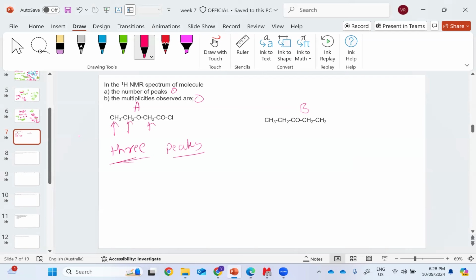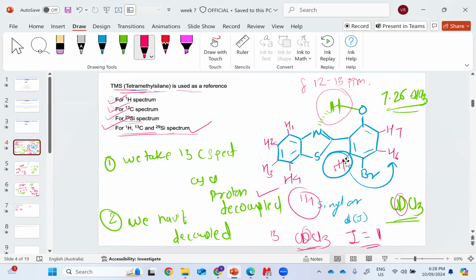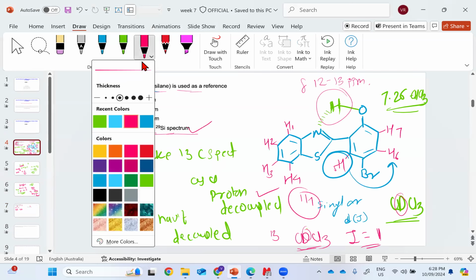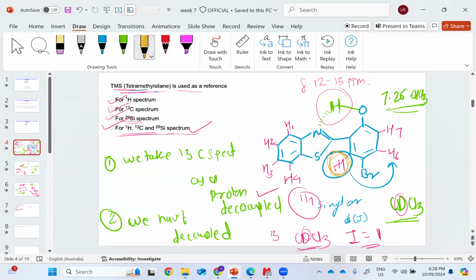And the multiplicity pattern for these peaks. Here, don't get confused between the peaks and the multiplicity. For example, as I have shown earlier for this molecule, for this proton there will be one peak, but if you look at the multiplicity, it will be a doublet.